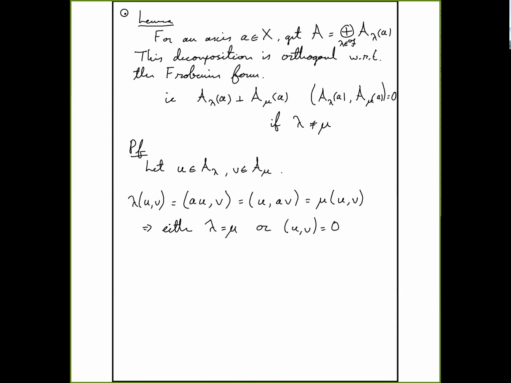Oh, my thing seems to be lagging behind slightly. Okay, and we've assumed that they're in different eigenspaces. In here, I've said if they're not equal, then we must have this. Okay, so that's a couple of nice properties of my Frobenius form.